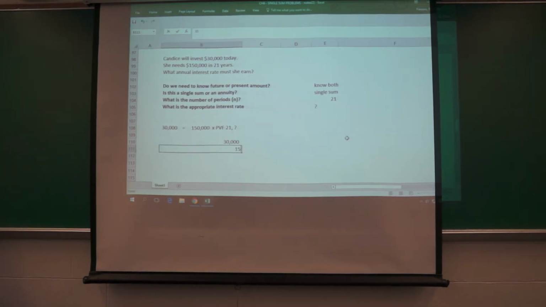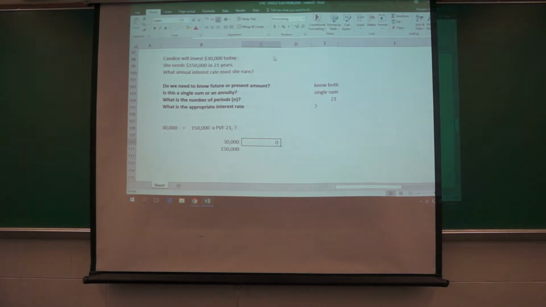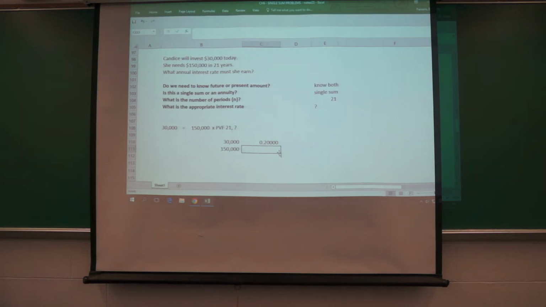And so when we divide that out, you don't really get 0, you just have to get a factor. Okay, so you get a factor of 0.2.